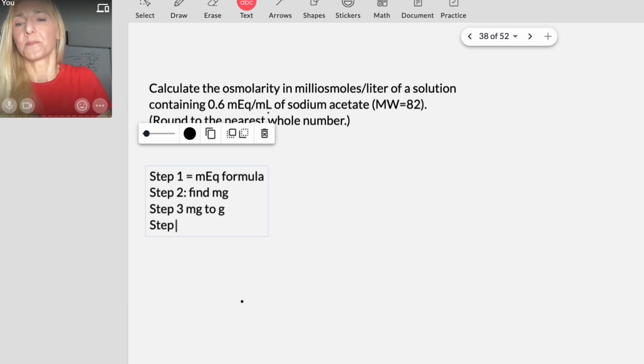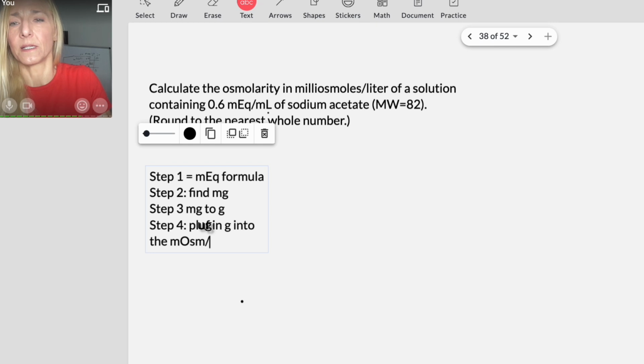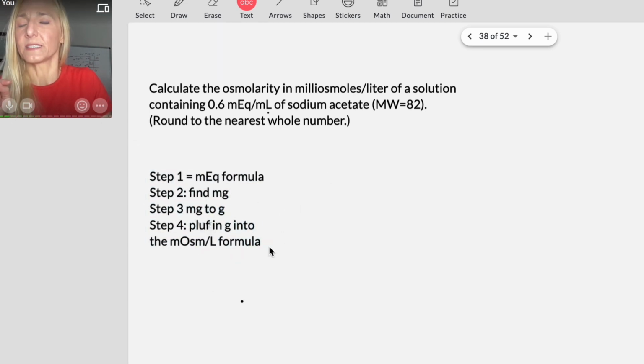Step 4, they plug grams into the osmolarity or milliosmoles per liter formula, and they solve. Lots of steps, many chances to make a mistake.